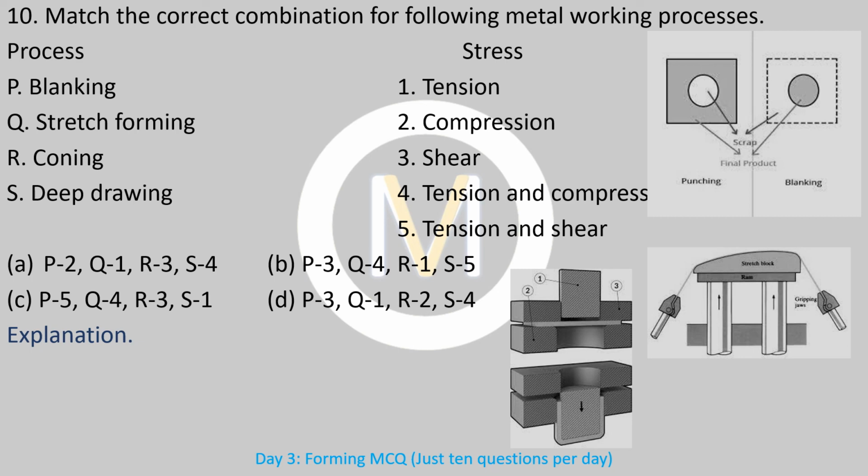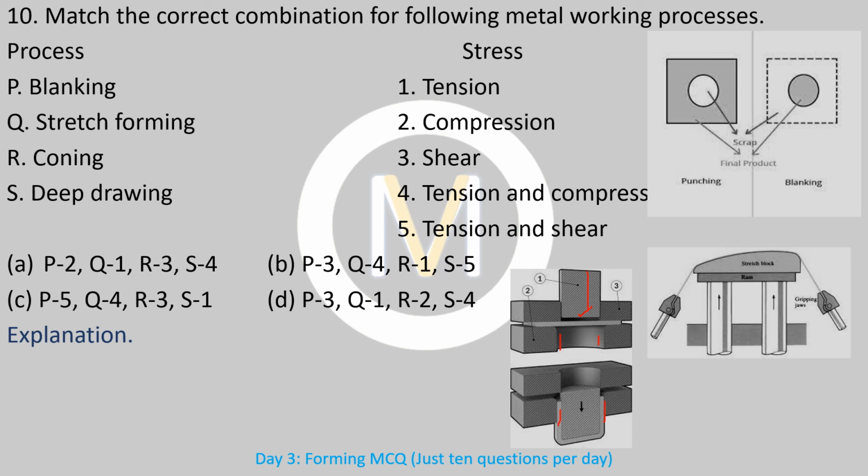Next is deep drawing, where this die is pressed onto this sheet, and the sheet takes the shape along the clearance between them. This clearance part is filled with the material, and this is called deep drawing. It is generally used in kitchen utensils that we use, like the katori and bhagona.